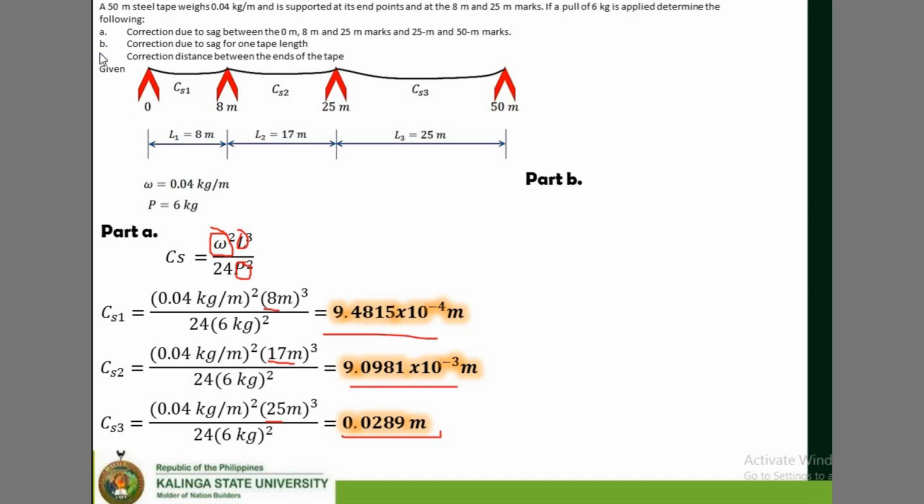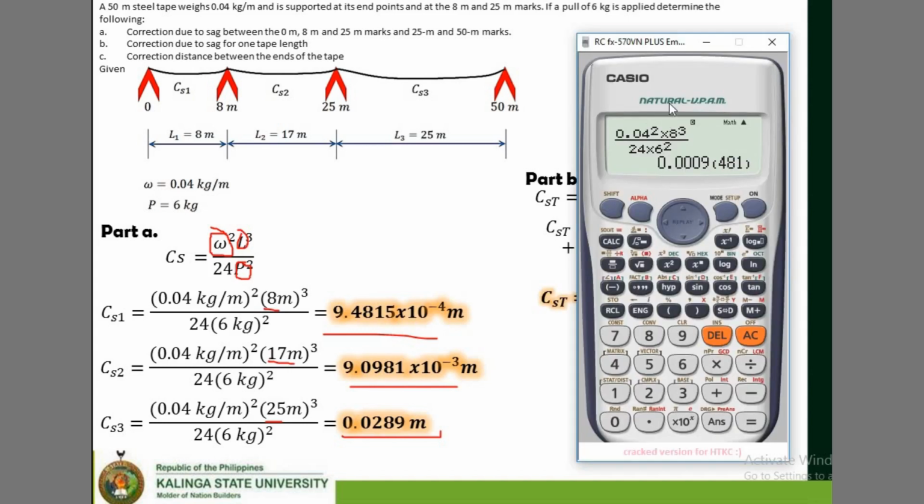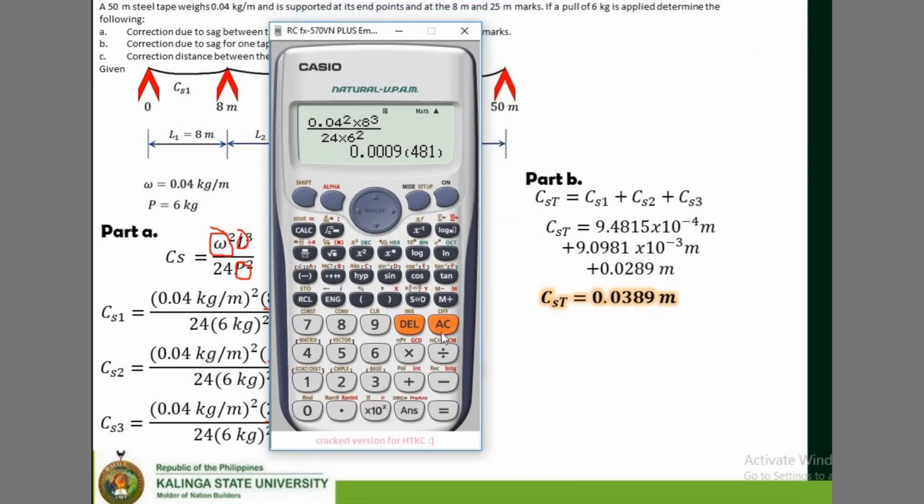For part B, correction due to sag for one tape length. So, we are now considering the 50 meter tape length. So, for the total, just add CS1, CS2, and CS3. My answer here is 0.0389. So, how do we input these values in our calculator? 9.4815, again, that is exponent negative 4.